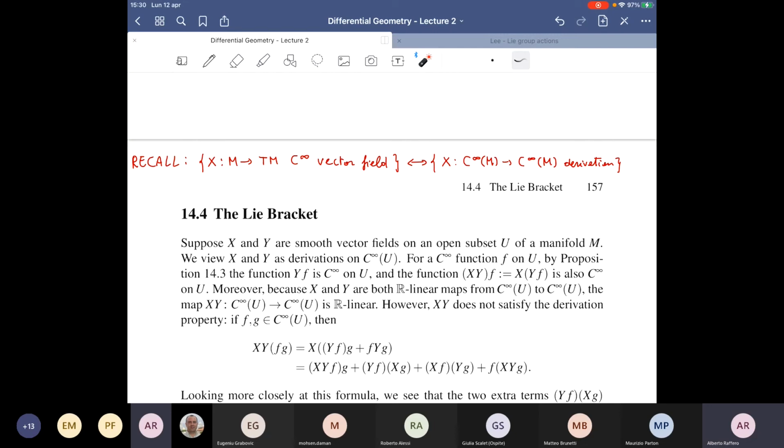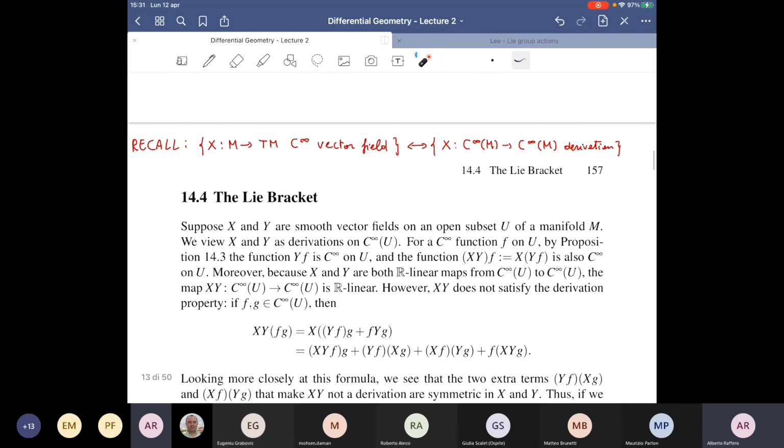Let me recall that we have this one-to-one correspondence between smooth vector fields on a manifold, thought of as smooth sections of the tangent bundle, and the so-called derivations of the space of real valued smooth functions defined on the manifold. You saw last time that such a one-to-one correspondence exists, and we will use this interchangeably during this part of today's lecture.